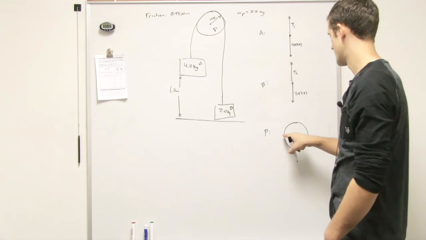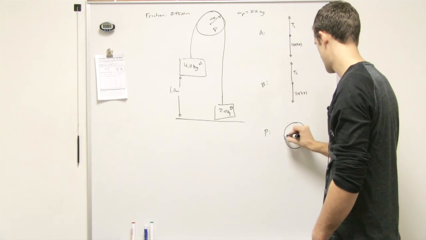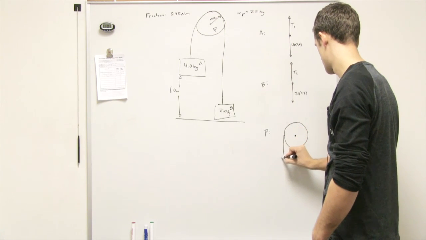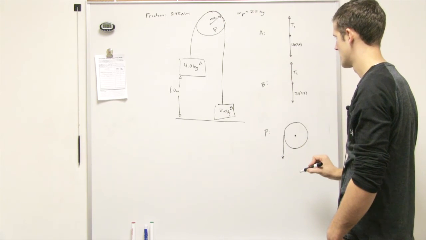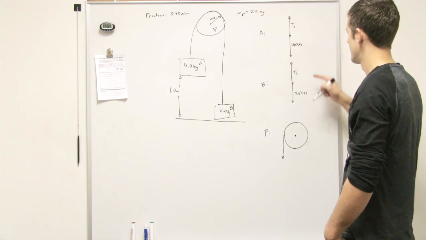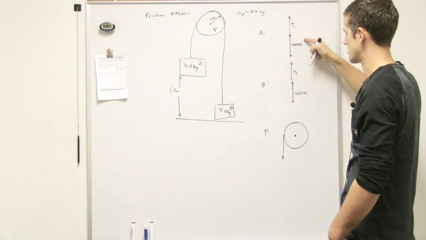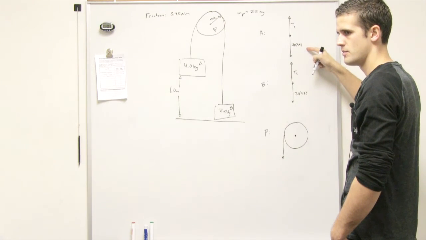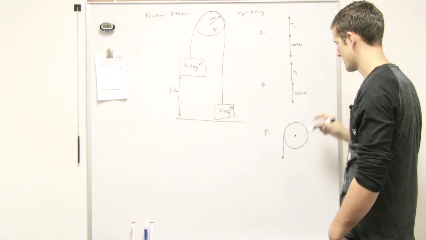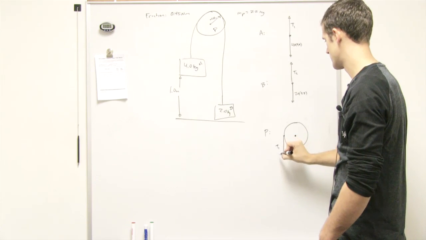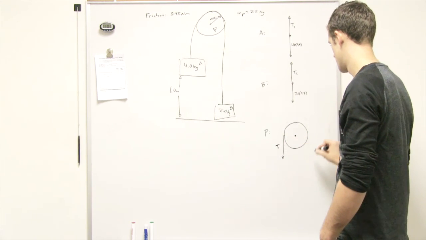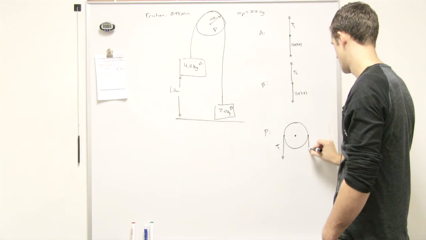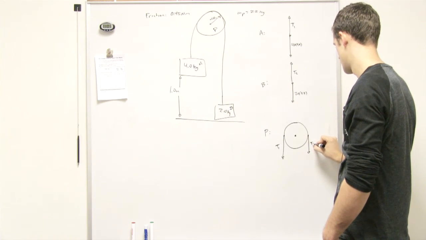So you've got a rope on this side. What's the tension in that? 4 times 9.8. Not exactly. That would mean that these two are equal, right? A has to accelerate, so they're not going to be equal. But this one will be equal to T1. Okay, equal to T2.